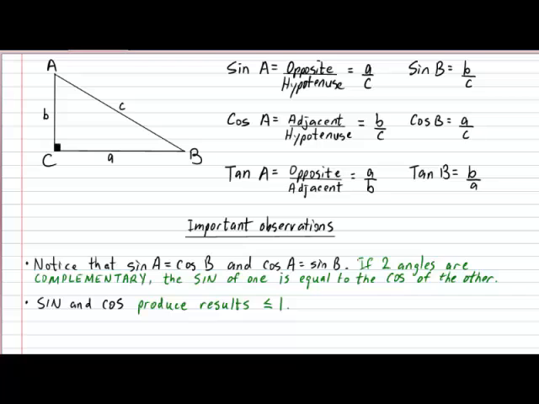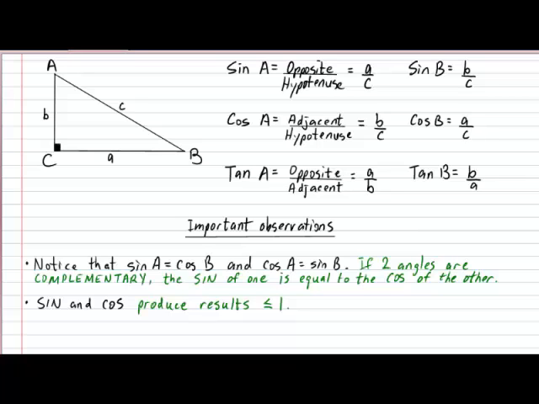The second most important observation that can be concluded from all our trig ratios is that the sine and cosine of any angle will always produce results that are at most equal to 1. This is true because remember that sine and cosine are both ratios where the denominator is a hypotenuse. And remember that in a right triangle, the hypotenuse is always the longest side.